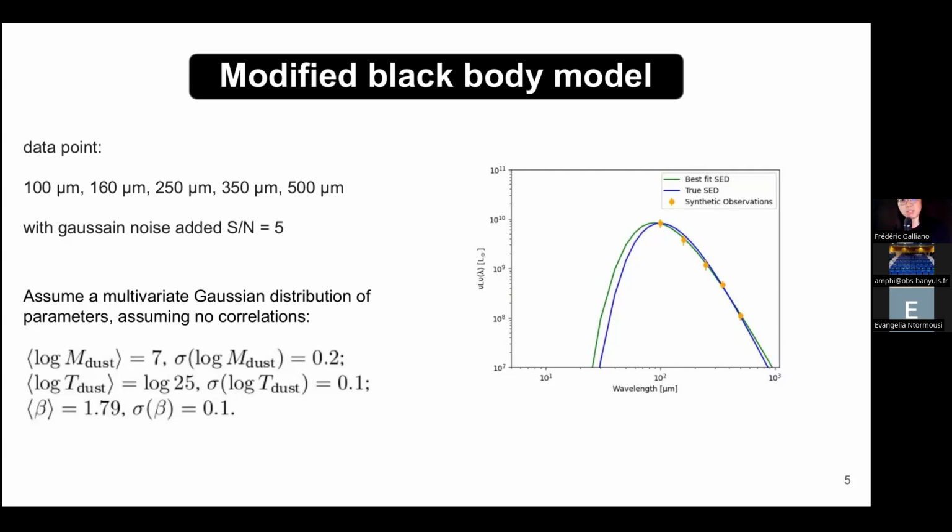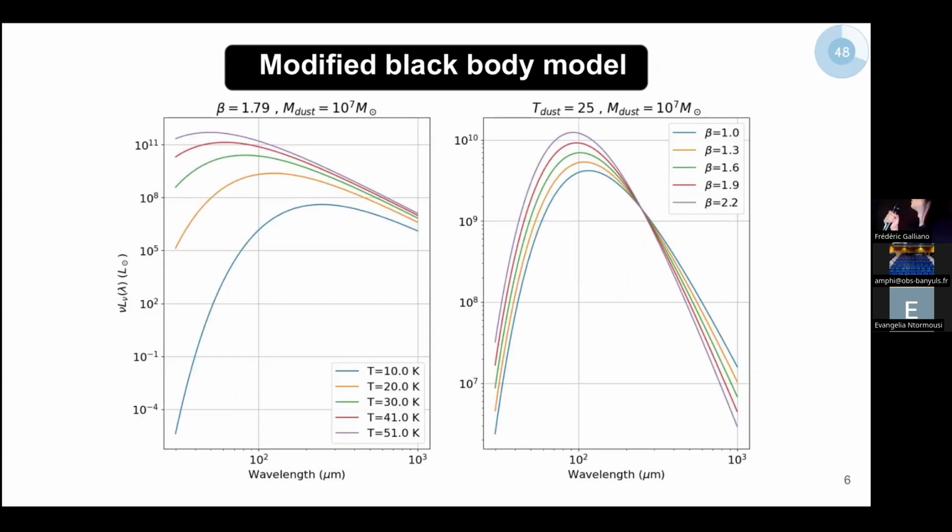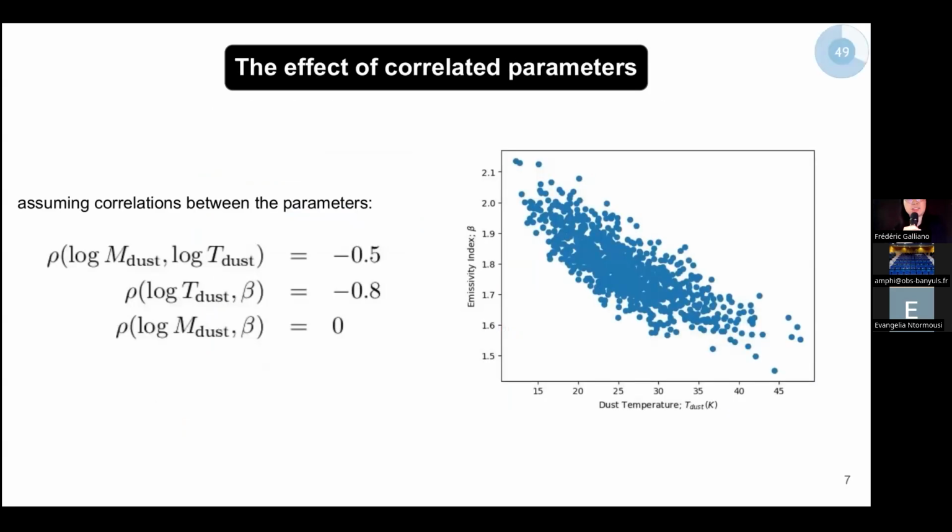And here you can select the parameters and see how they affect the shape of the modified blackbody spectrum. We also know that those parameters can sometimes influence each other. So of course we can assume that the parameters are correlated with each other and generate a series of correlated parameter space, but that's another story; due to time limitation we cannot go into great detail.